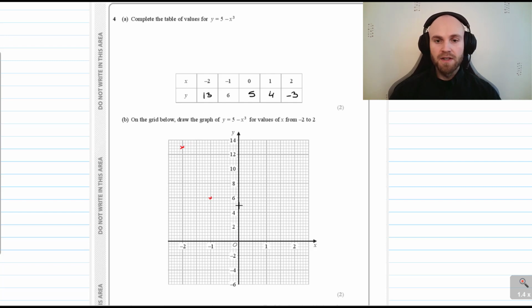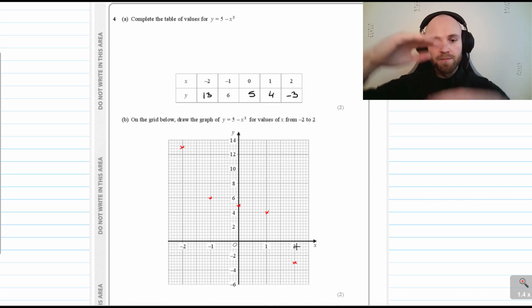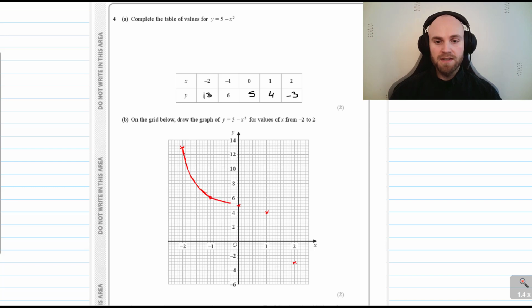Plot that point. x equals 1, y equals 4. And the final one, we have x equals 2, y equals minus 3. And again, minus 3 is in between minus 2 and minus 4. And now we just need a nice smooth curve to connect those points and complete the line.